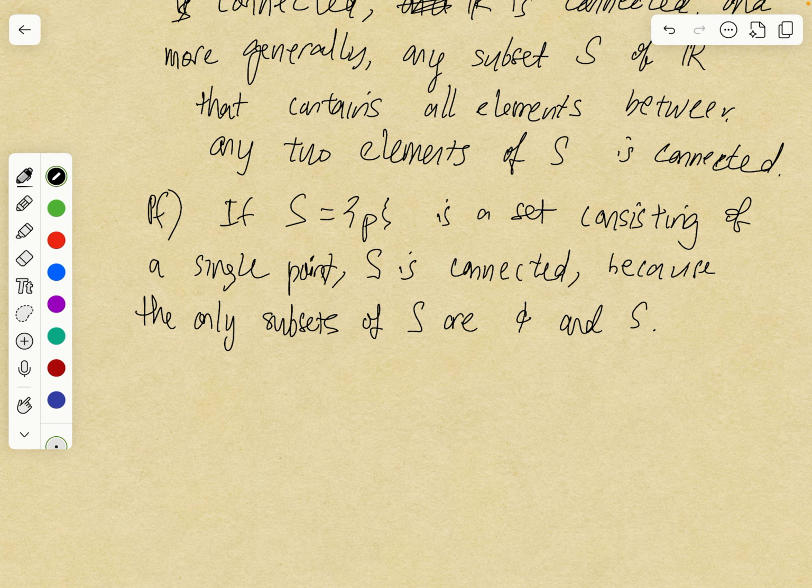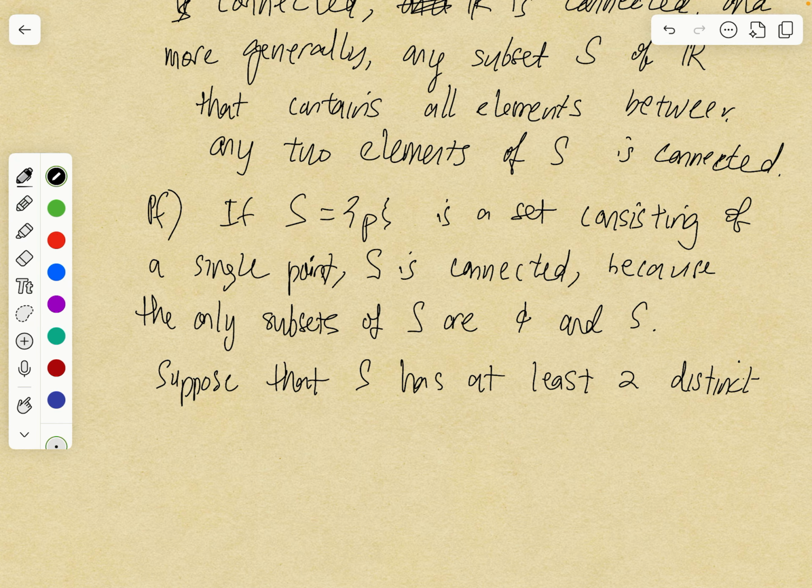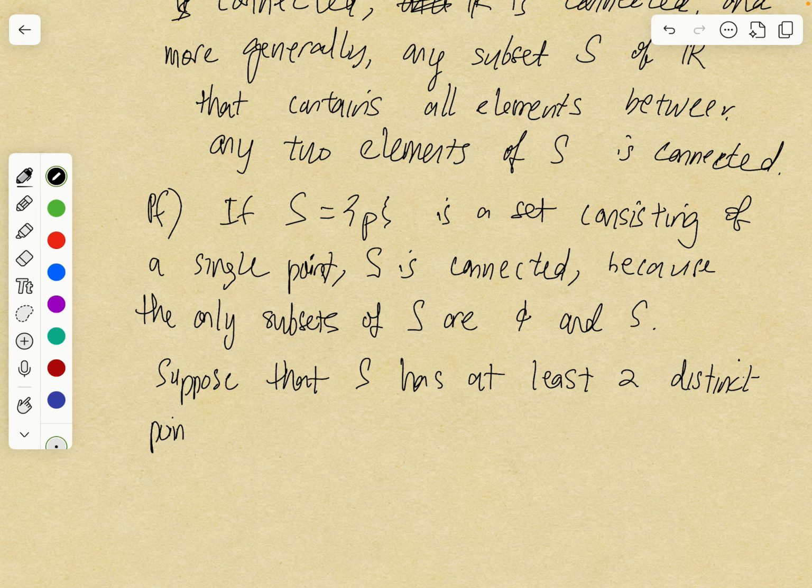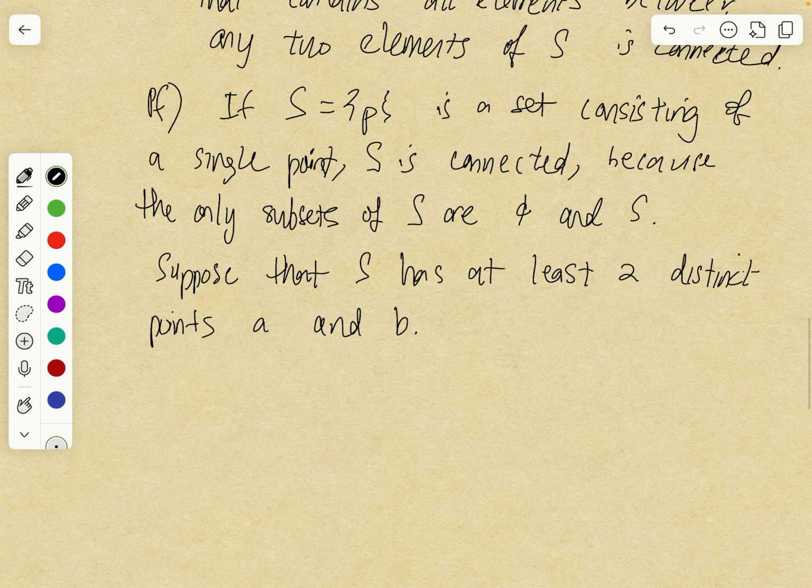So suppose that S has at least 2 distinct points, a and b. Well, by hypothesis, S contains all the elements between a and b, so S contains the closed interval from a to b. And we want to show that S is connected.